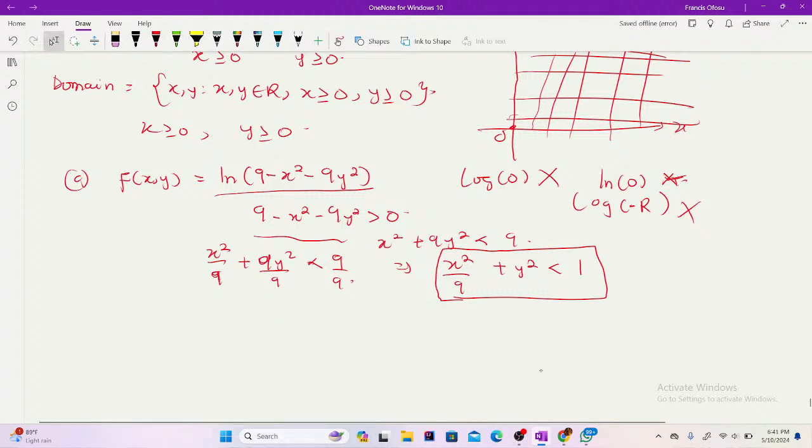So the domain is simply x squared over 9 plus y squared is less than 1. Okay, so this is simply the domain of the function.